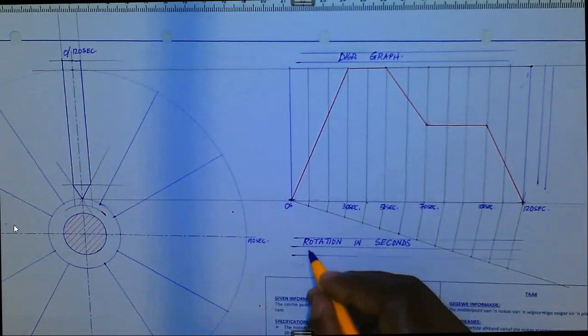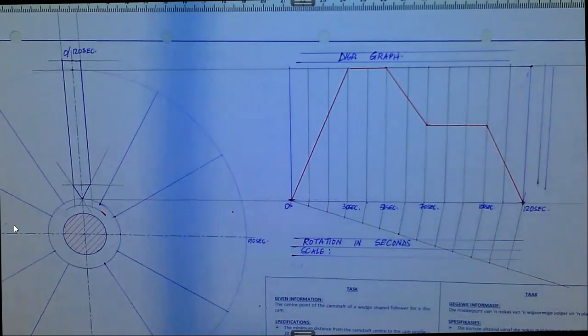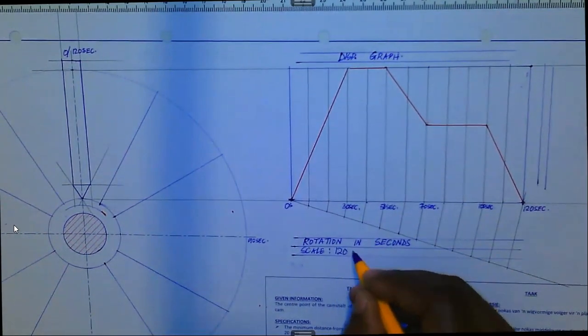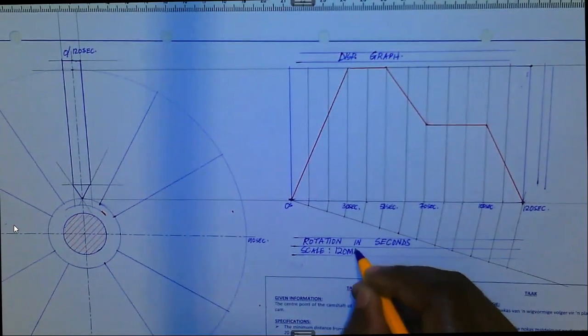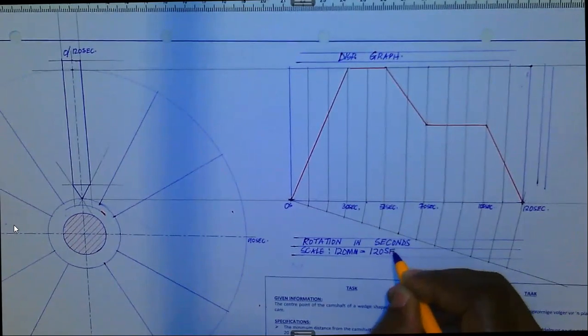Then scale. The scale is given, 120 millimeter is equal to 120 seconds. So 120 millimeter is equal to 120 seconds, like that.